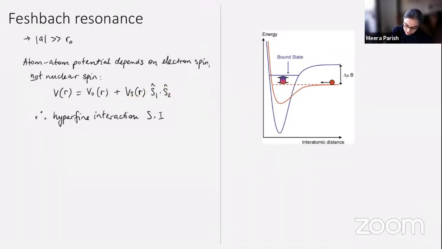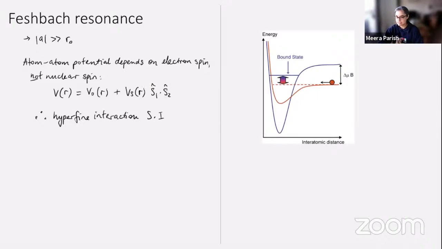That means you can have potentials corresponding to spin singlet or spin triplet configurations of your electron spin, and the hyperfine interaction can couple these two potentials, corresponding to your two different electron spin configurations. So firstly, you have two different types of potentials depending on your electron spin, and also you can couple them because of the nuclear spin, the hyperfine interaction.